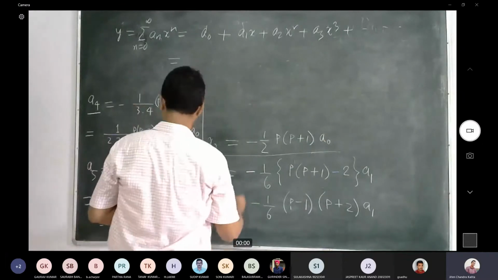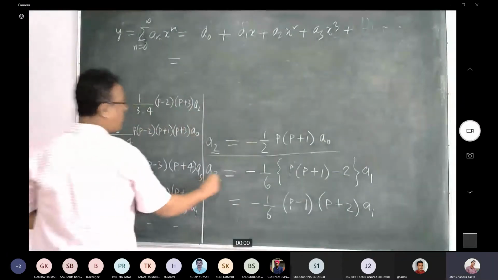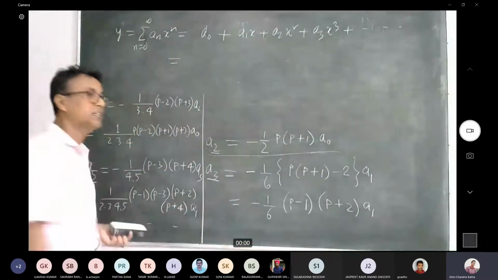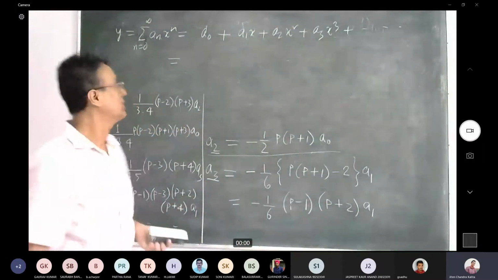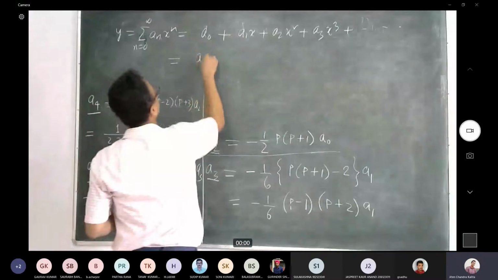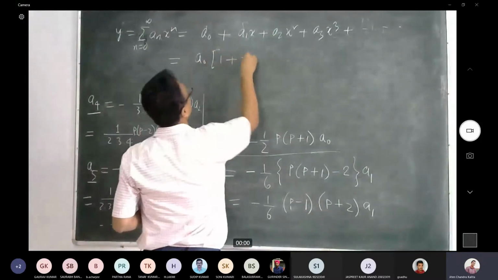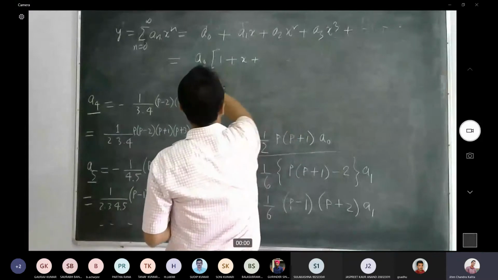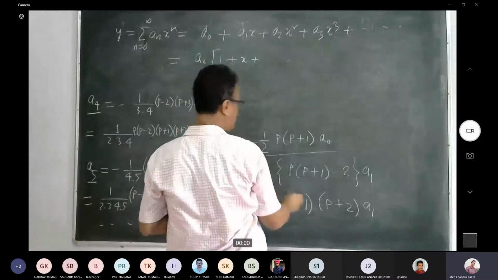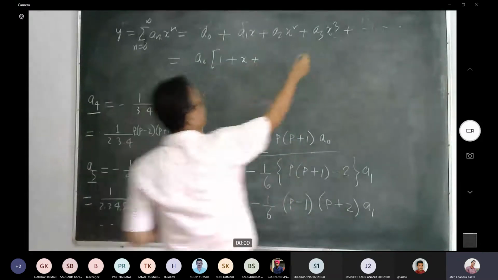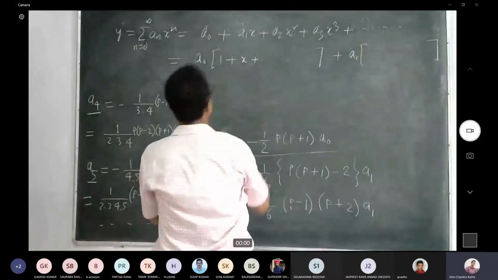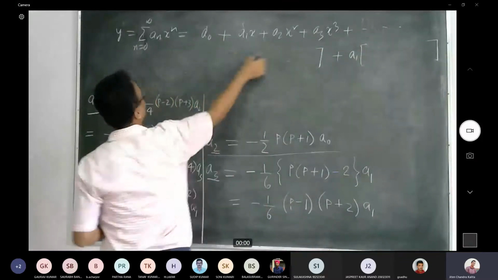And similarly, the odd ones, you are getting it as a multiple of a1. So that is why I am going to separate it in terms of a naught ones and in terms of your a1 ones. Is it okay?